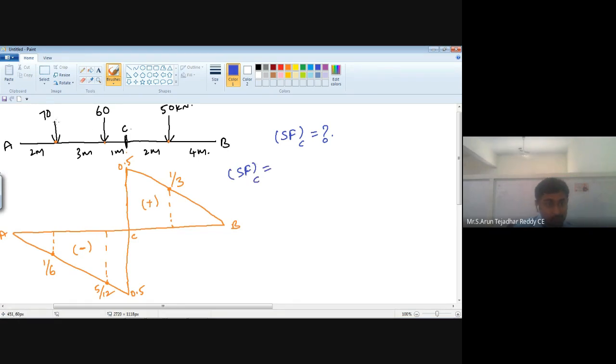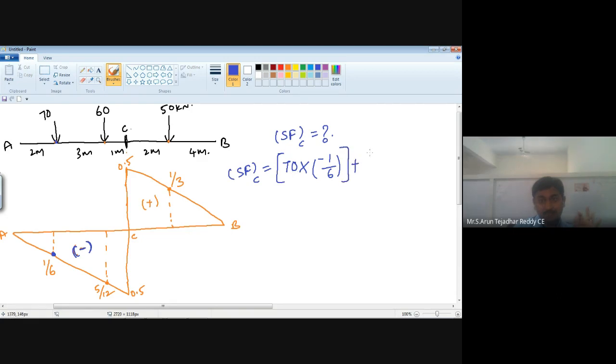So here the load is 70 kilonewton. It should be multiplied with the ordinate. So below 70 we have ordinate 1 by 6, but it is a minus value. It means minus 1 by 6.